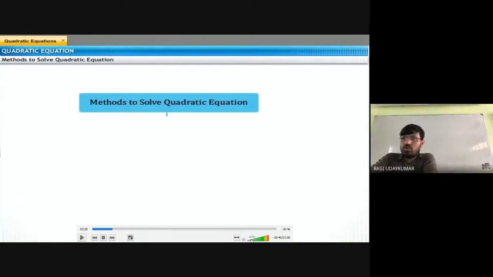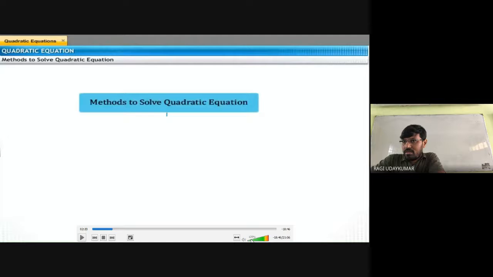No, that is not essential. Here b can be 0, so only a should not be equal to 0, means the x square coefficient should not be 0. Then one condition is enough for us.